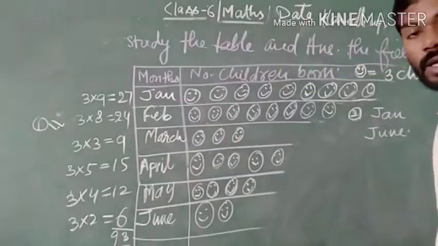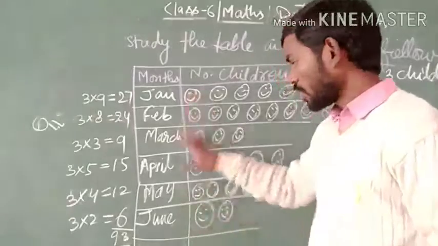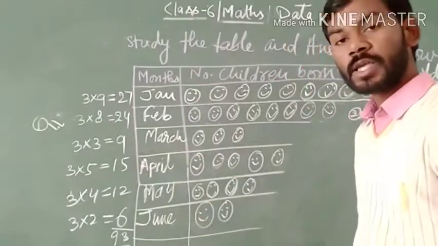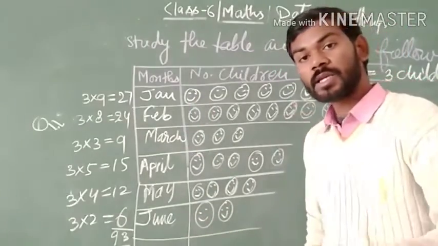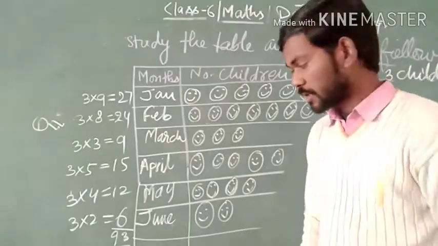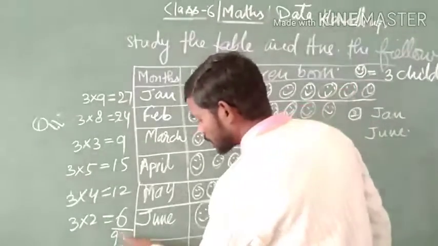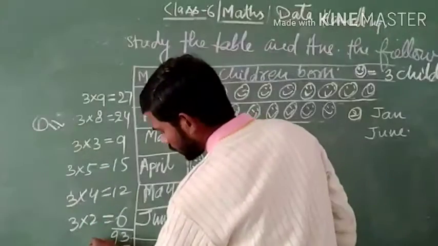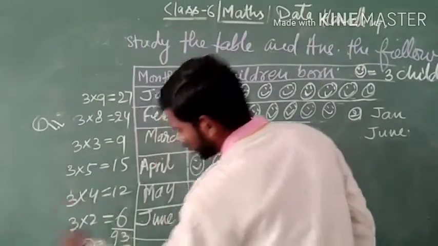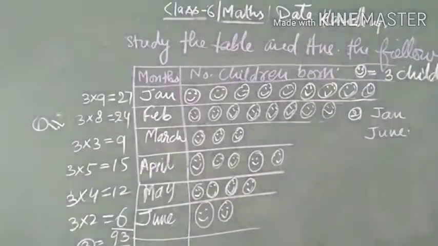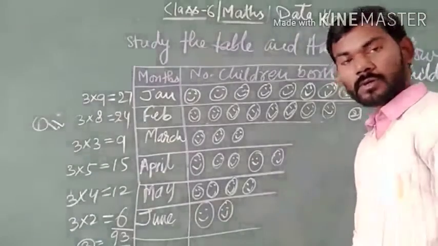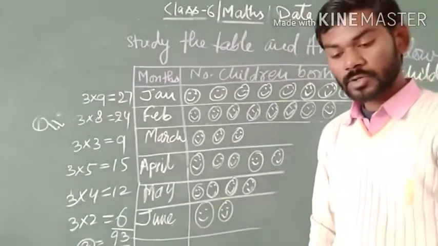Therefore, 93 children were born in all these 6 months. So this is the answer to question number 3. Student, I hope it is also clear.